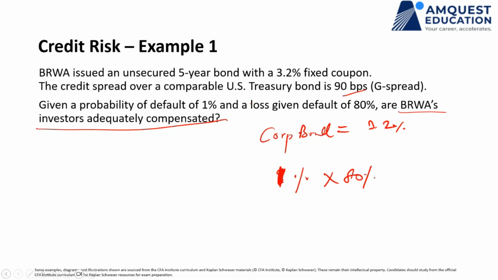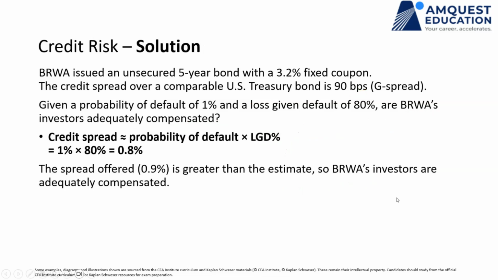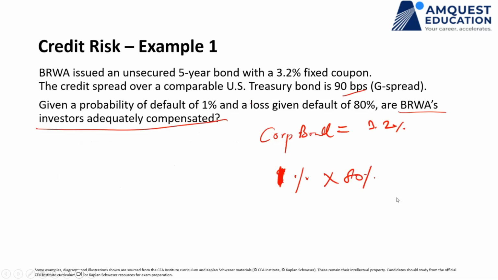Perfect. That is what our data looks like. So if it is 1% and 80%, credit spread is 0.8%. 0.8% should be added on top of the GSEC or the government bond.